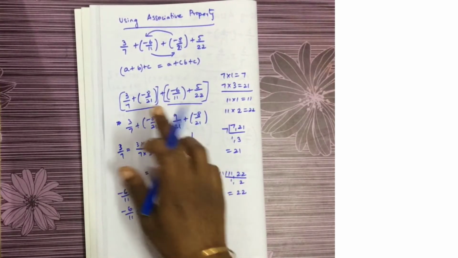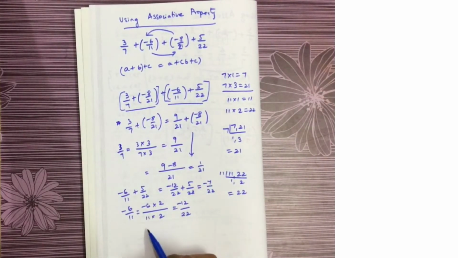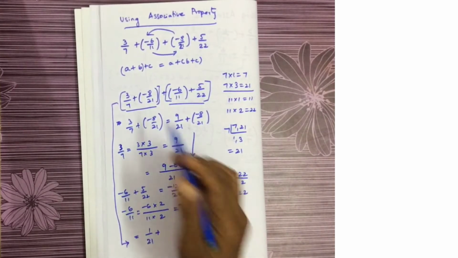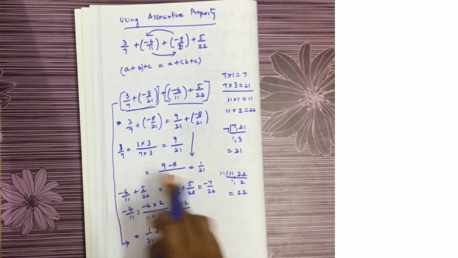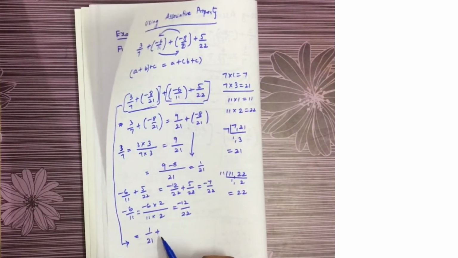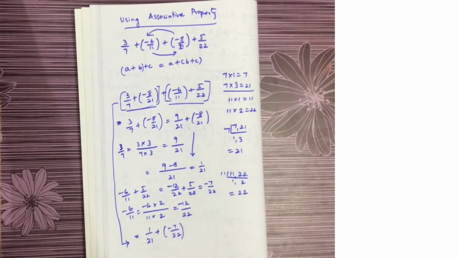Now for this whole term, you can substitute 1 by 21. Don't get confused: for this whole term I am substituting 1 by 21, and for this whole term I am substituting minus 7 by 22. Okay.